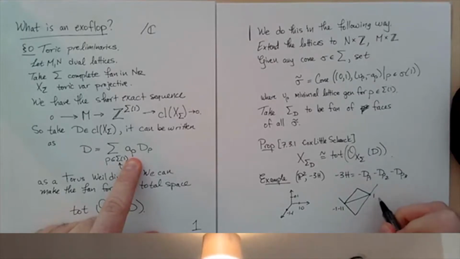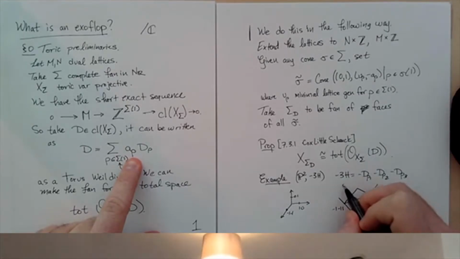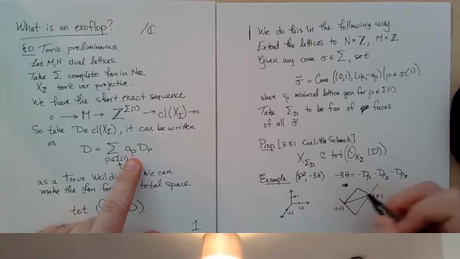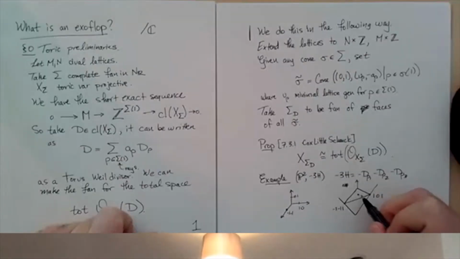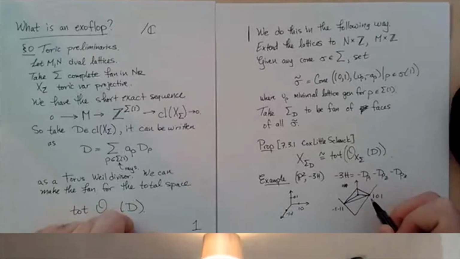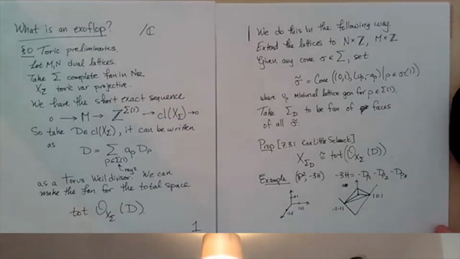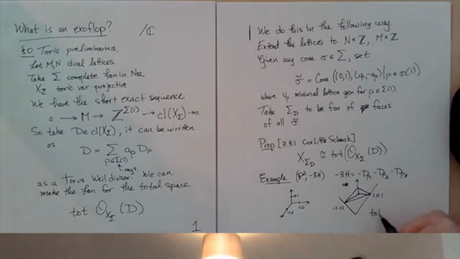Okay, so we end up with 1, 0, 1, and then 0, 1, 1 in the back here. But then we also have this piece in the middle, this 0, 0, 1, and we're kind of star subdividing here. Okay, this gives us the total space of O of minus 3 in P2.